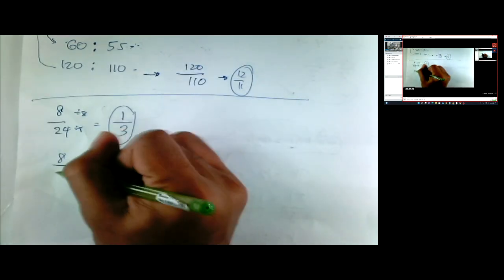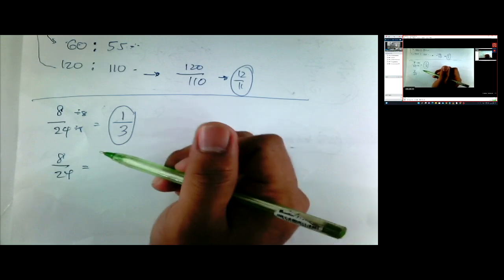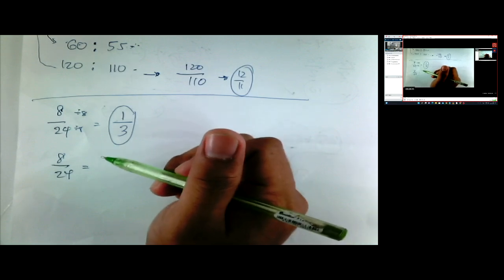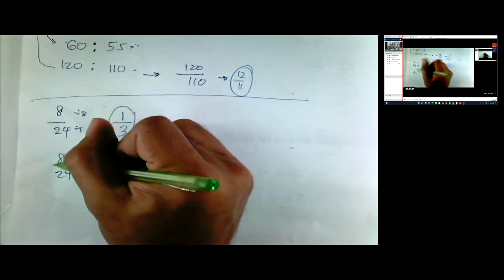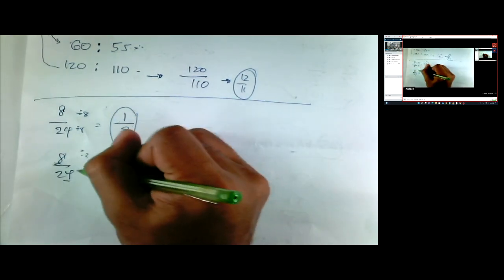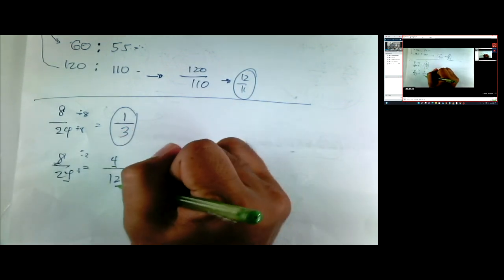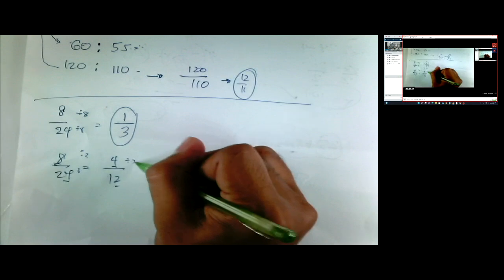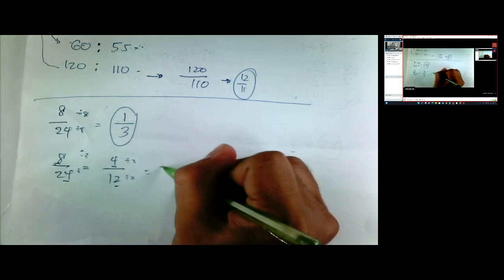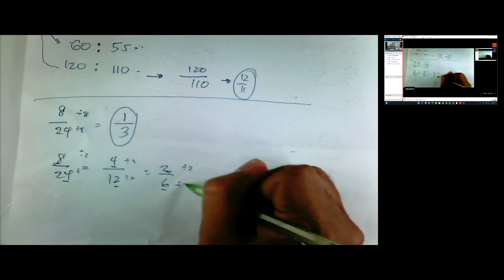Remember, if you cannot simplify it in one simplification, you can simplify it many times. Again, this is 8, this is 4, so this is divisible by 2. So we will have 4 over 12. But since this is 4 and 12, you can still divide it by 2, and so you will have 2 over 6. But 2 over 6 can still be simplified.